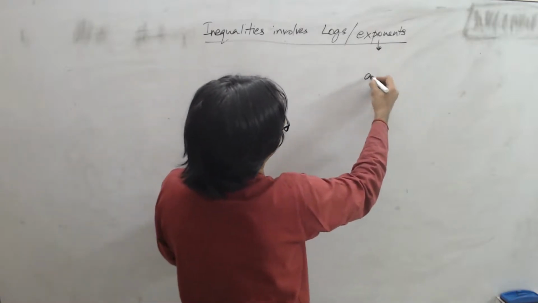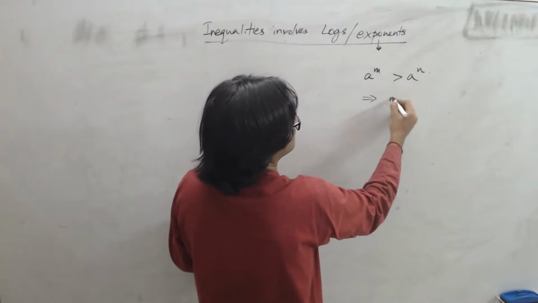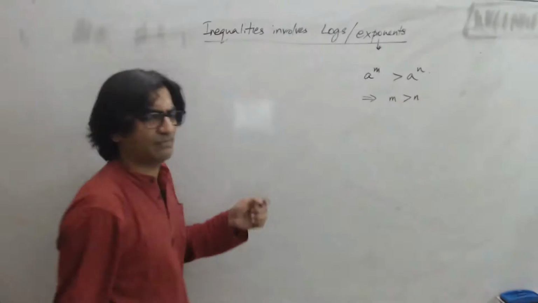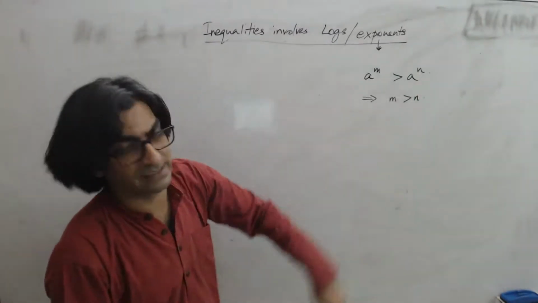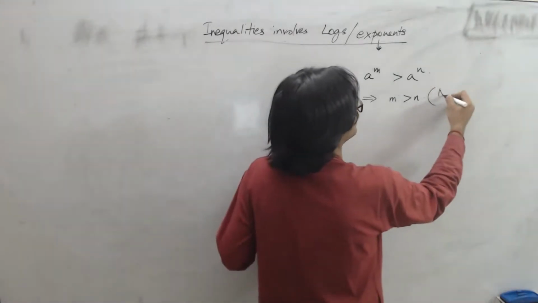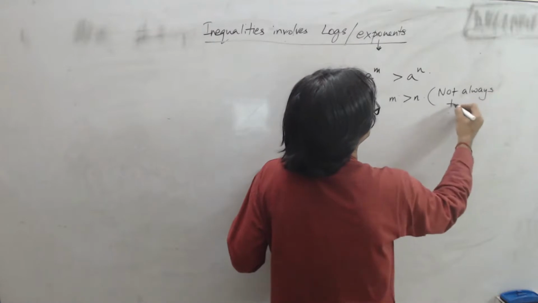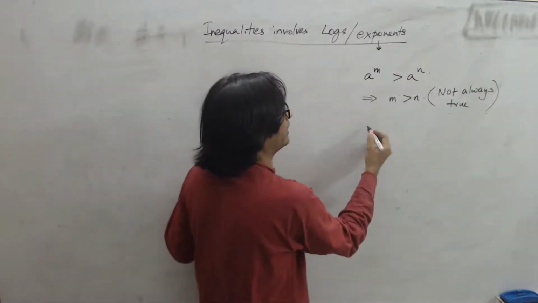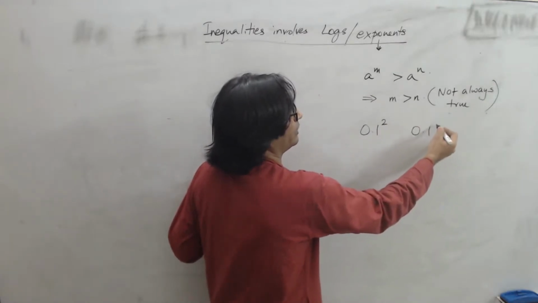If I say a power m is greater than a power n, does that mean that m is greater than n? If this comes in the exam, 99% of you will say yes, m is indeed greater than n. But remember, this is not always true. Let me prove it by way of an example. 0.1 square and 0.1 cube.